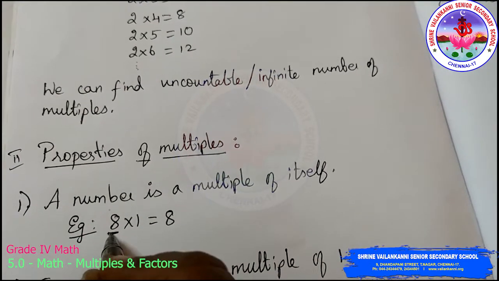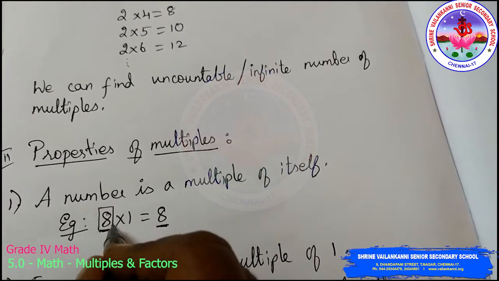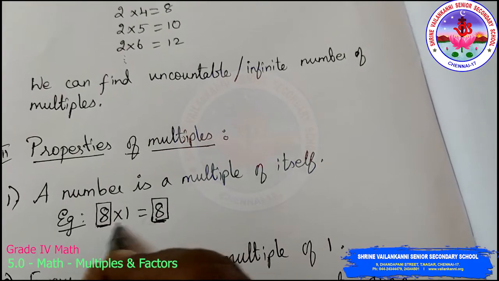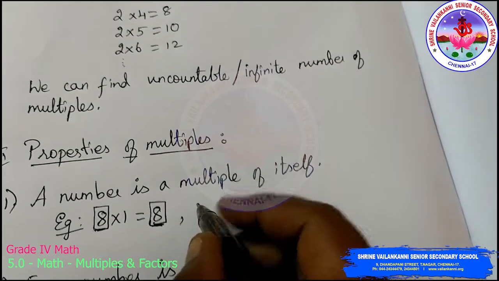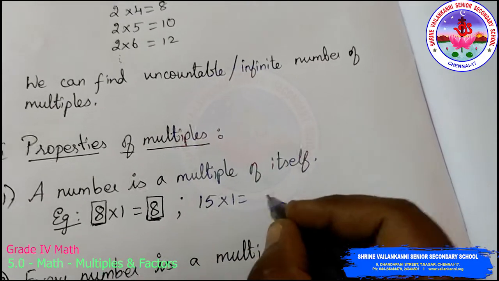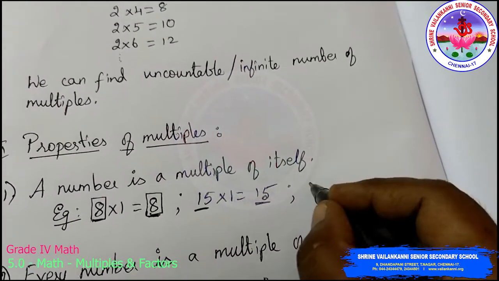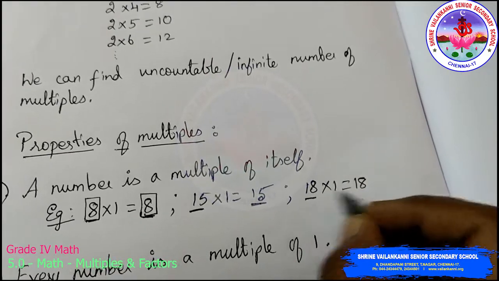If you see, the number and the multiple are equal. That is what this property says. You can take some more examples also: 15 into 1 is equal to 15, same; 18 into 1 is equal to 18.